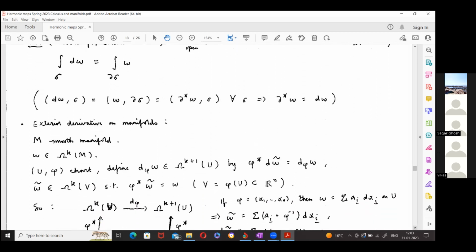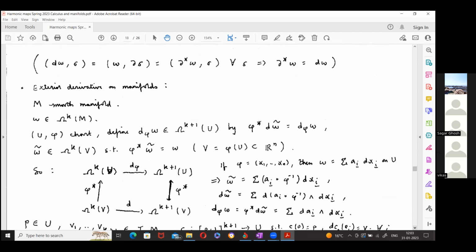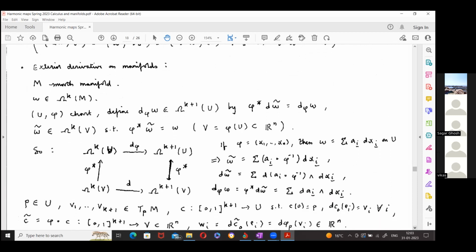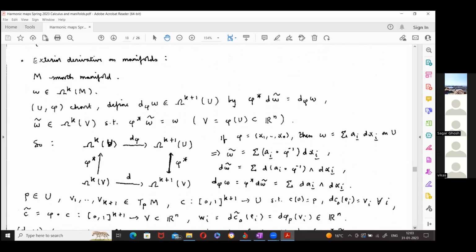So, okay. Once you have the exterior derivative in R^n, then you can define the exterior derivative on manifolds. So first you define it using a chart. So if M is a manifold and omega is a k-form on M, then for a chart (U, phi), first you define the exterior derivative computed in this chart. So let's call it d sub phi omega.